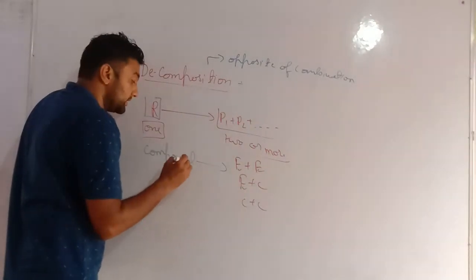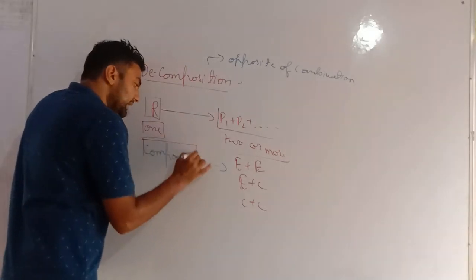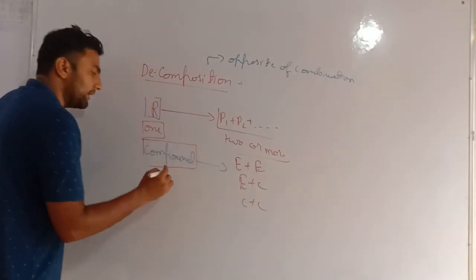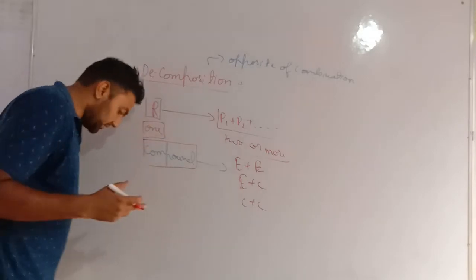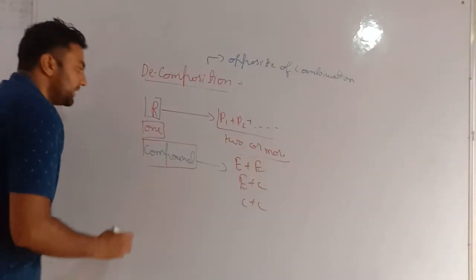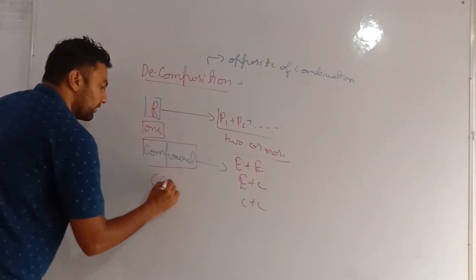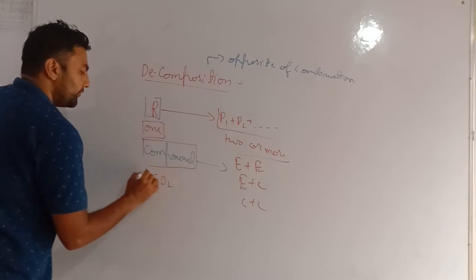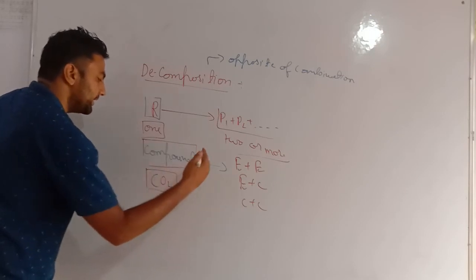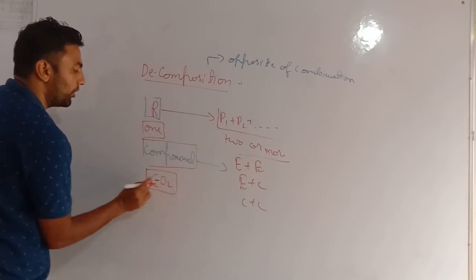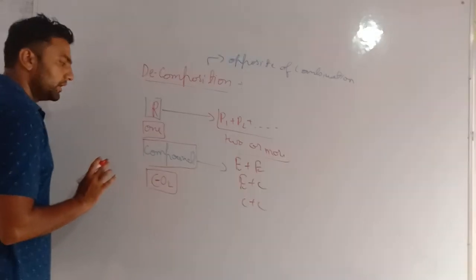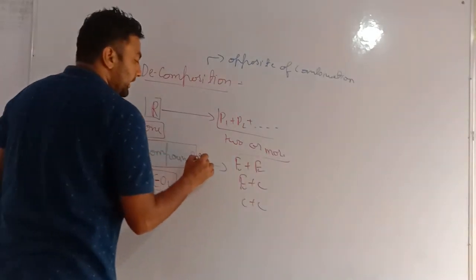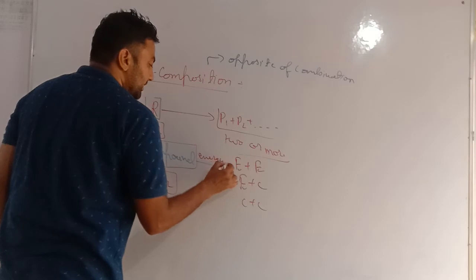Very important my dear students. If there is any compound, it means it is having two or more elements. For example, carbon dioxide. If I want to break this, I for sure need to break the bond between carbon and oxygen. To break this bond, I require energy.